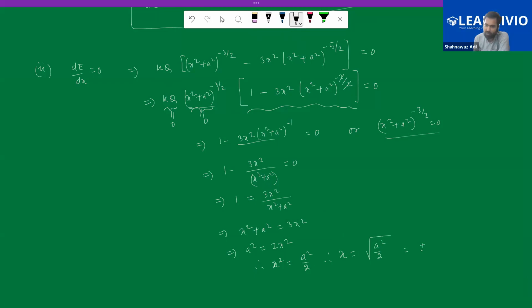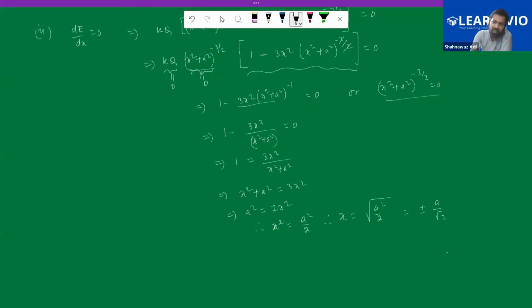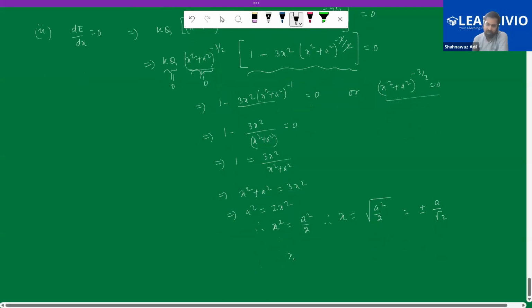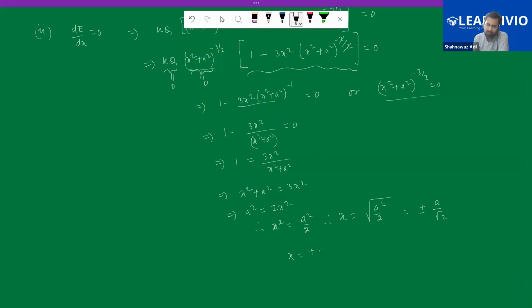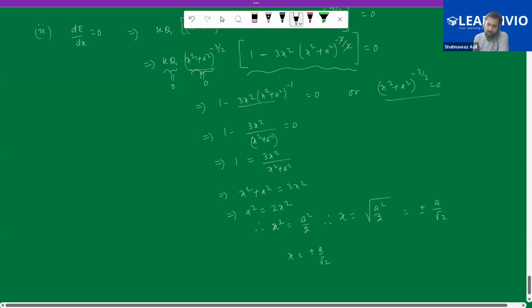So this would be plus minus a by root 2. Right, so we have two values. x is plus a by root 2, and x is minus a by root 2.